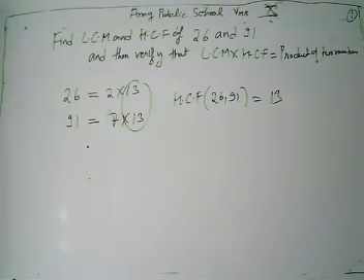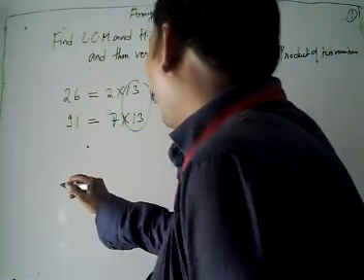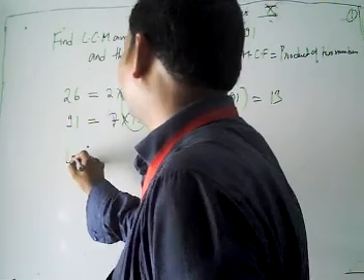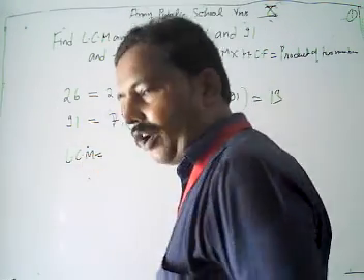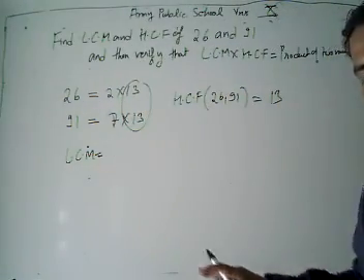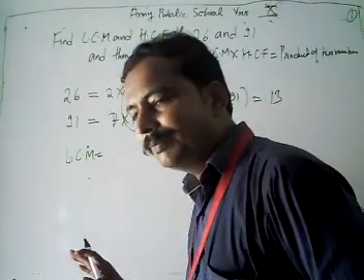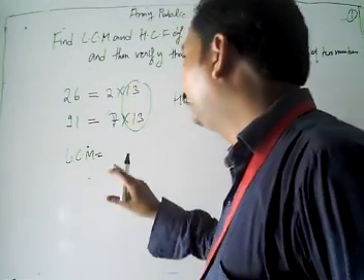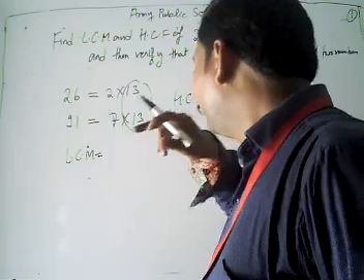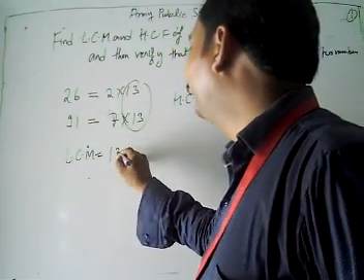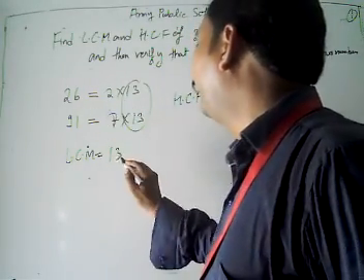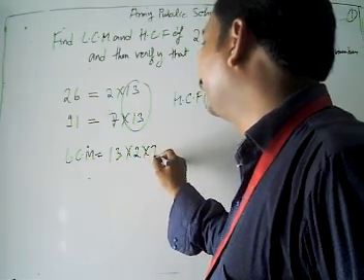Now look, we have to find out the LCM there. How can we get the LCM? For LCM we take all the prime numbers with the greatest power there. Look, what we have: we have 13, and then we have the remaining primes 2 and 7 also there.